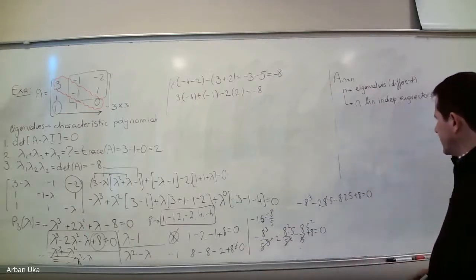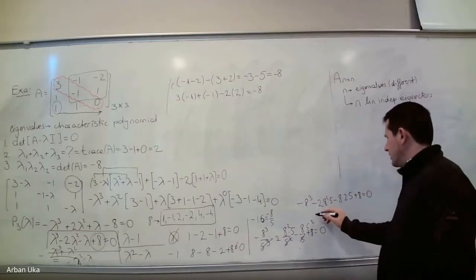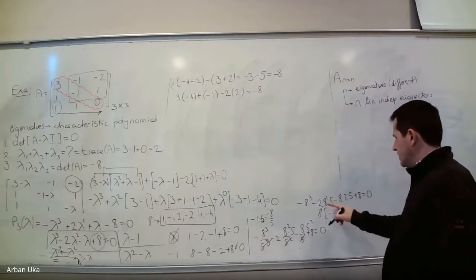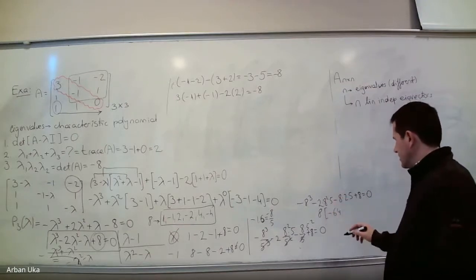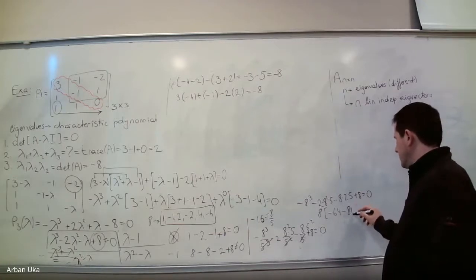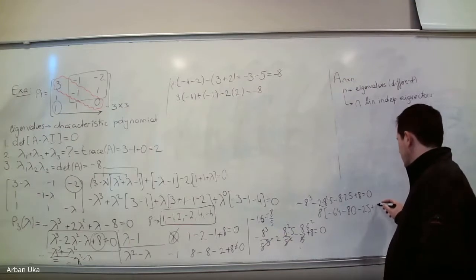Is this 0? If we factor out the 8, we get 8 times minus 64, this is 2 times 8, minus 80, minus 25. No, it's not a root either.